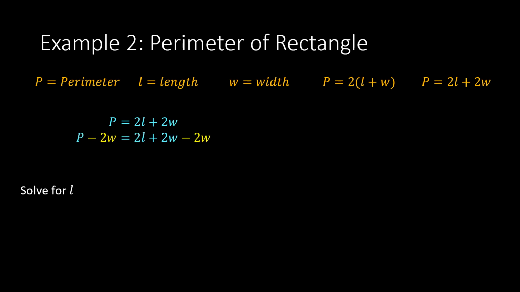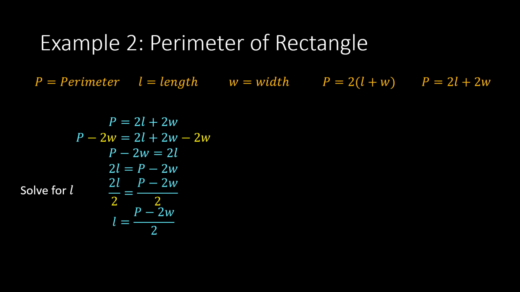Now, we deduct 2W from both sides by the subtraction property of equality. The difference is P minus 2W is equal to 2L. By the reflexive property, 2L is equal to P minus 2W. Dividing both sides by 2, we will have length is equal to perimeter minus twice the width, all over 2.